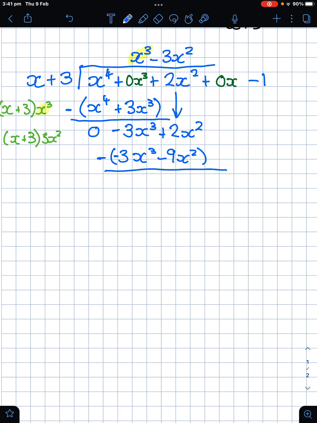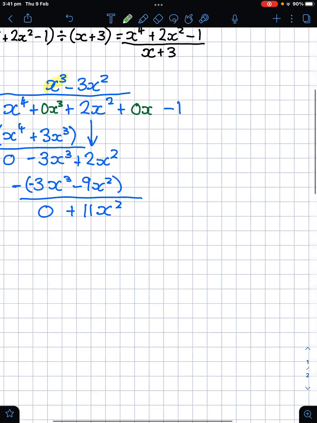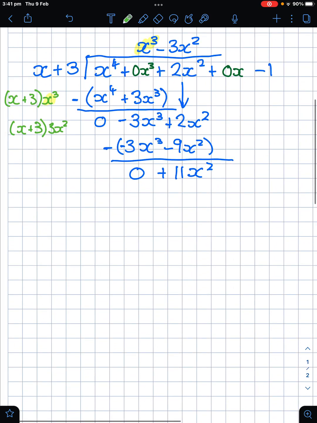So negative 3x cubed plus 3x cubed gives us 0. 2x squared plus 9x squared gives us 11x squared. Now we're going to go to our next line here. For 11x squared, we're going to look at our term here, x plus 3. What times x is going to give me 11x squared? It's going to be just 11x.